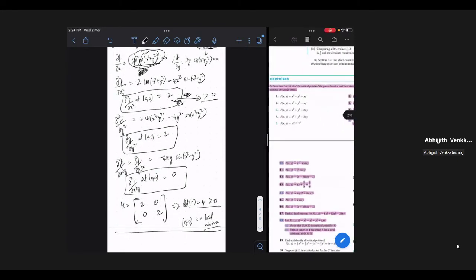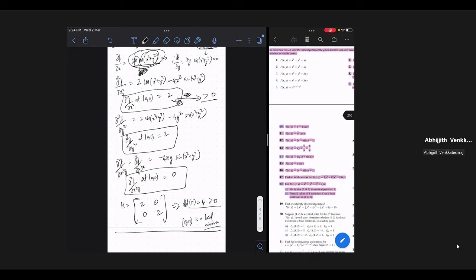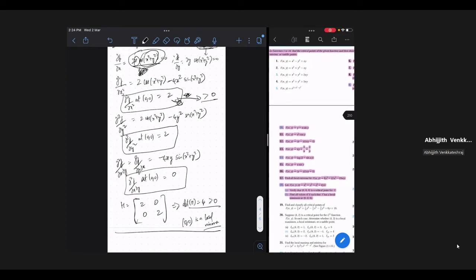Question 10 again is very similar: you find the critical points, and then you classify each point. 11 is similar. 12, 13, 14, 15, actually all of the other problems are very similar. I'm just going to follow the same method for all problems.